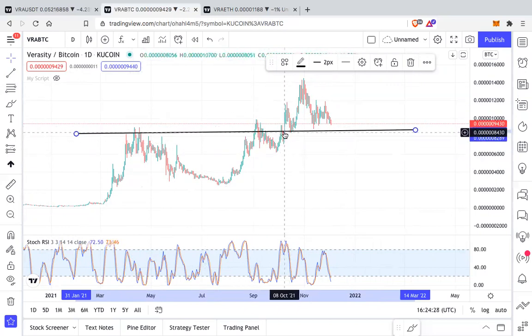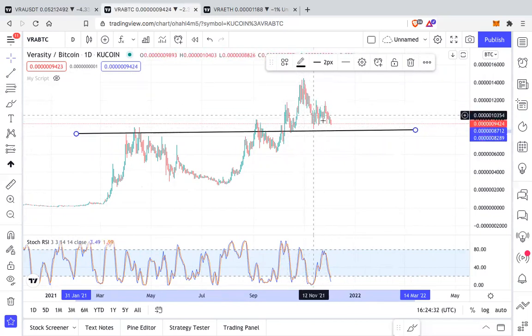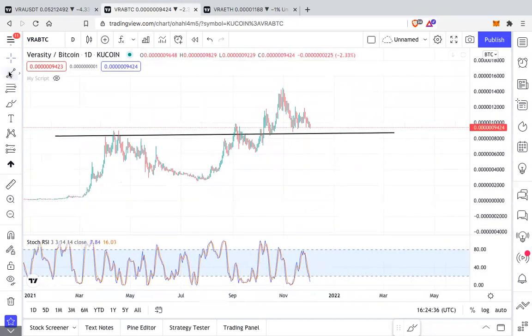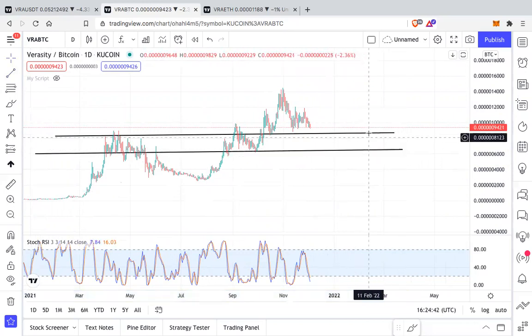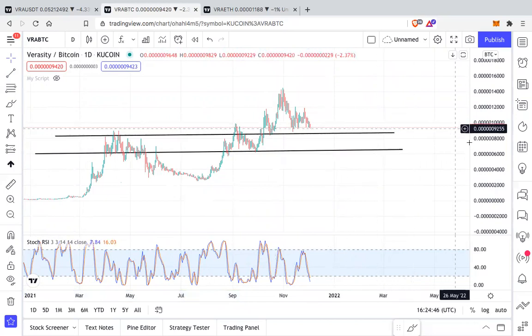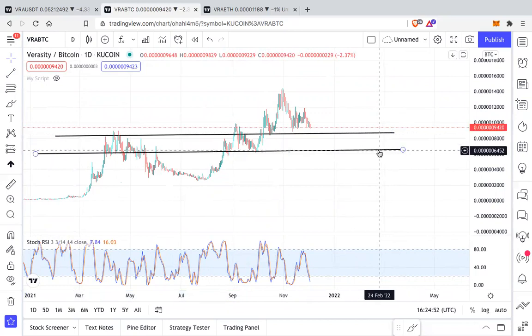And ultimately in October, we broke this and we are currently above it. So these are important ranges that I see for the VRA Bitcoin pair, which we are holding currently very well, at around 8716 Satoshis and at around 6560 Satoshis.